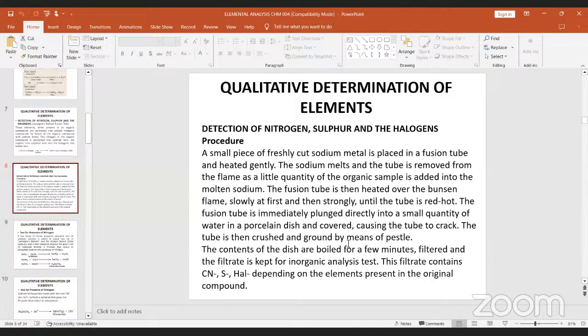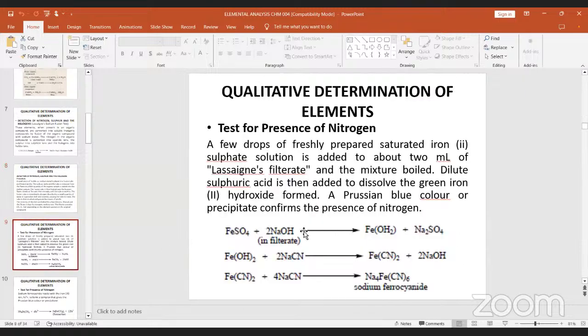Okay, you crush it and grind it into a very fine powder and boil it for a few minutes and filter it. So you take a little bit of it. That is the filtrate that you obtain from it, what is called the Lassaigne filtrate. A little bit of it is now used for the individual test.